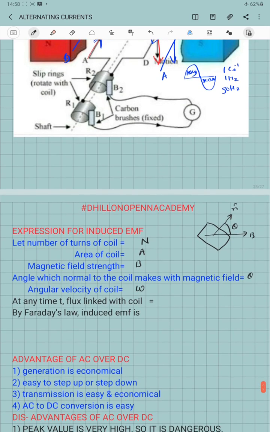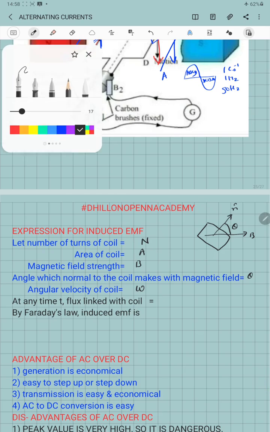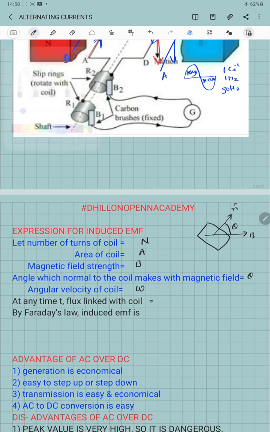At any time t, the flux that will be linked with the coil will be given by phi equal to NBA into cos theta, or we can write it as NBA cos omega t, because theta is equal to omega t.